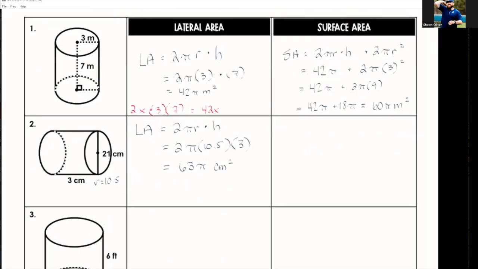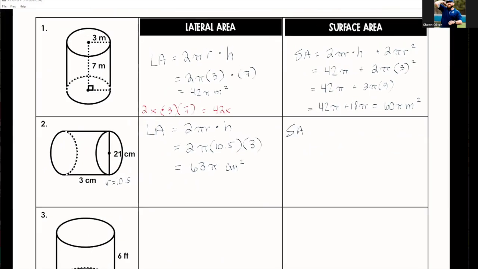Surface area is that lateral area, 2 pi r times height, plus our base area times 2, 2 pi r squared. 63 pi, 10.5 squared. 10.5 squared is 110.25.